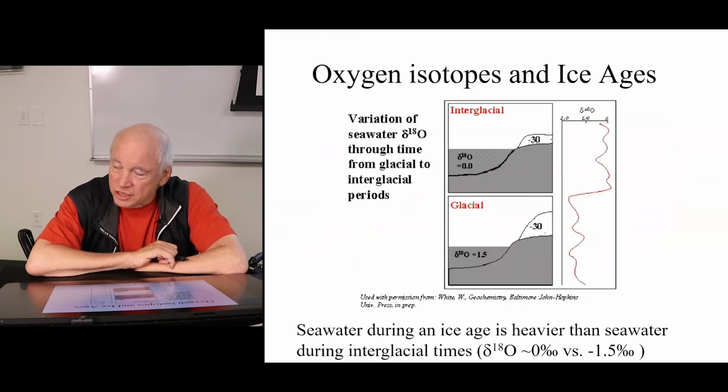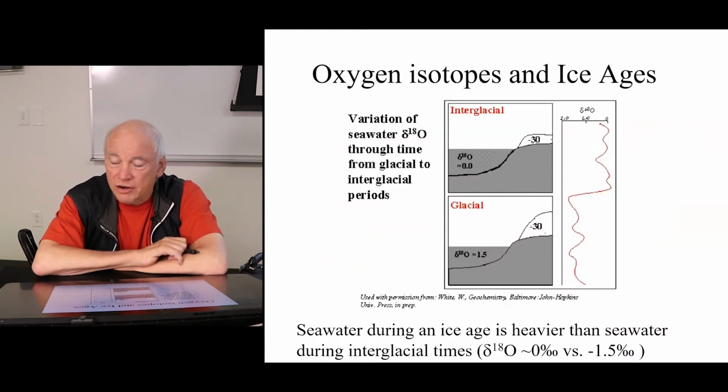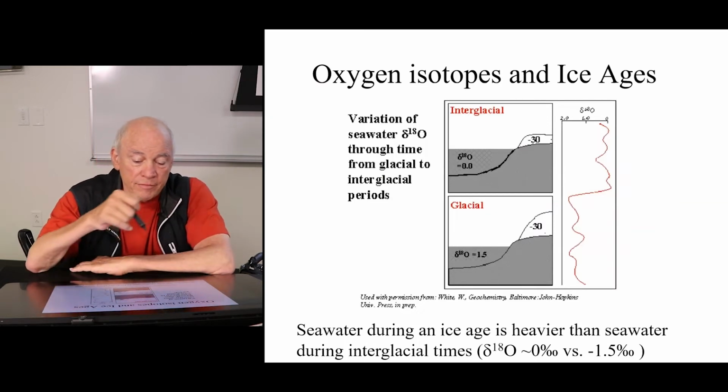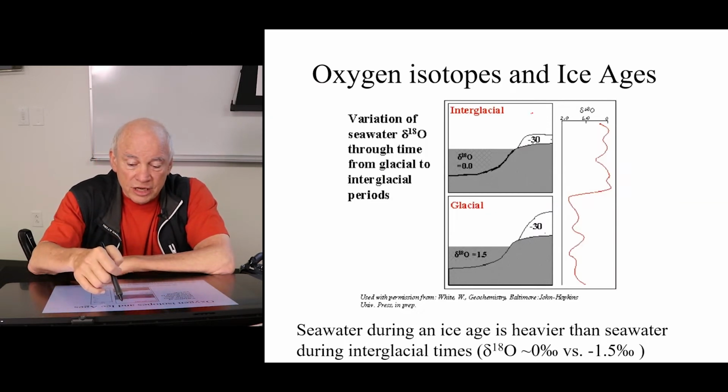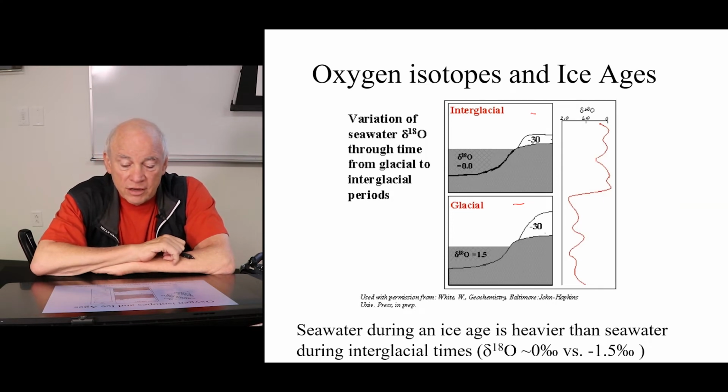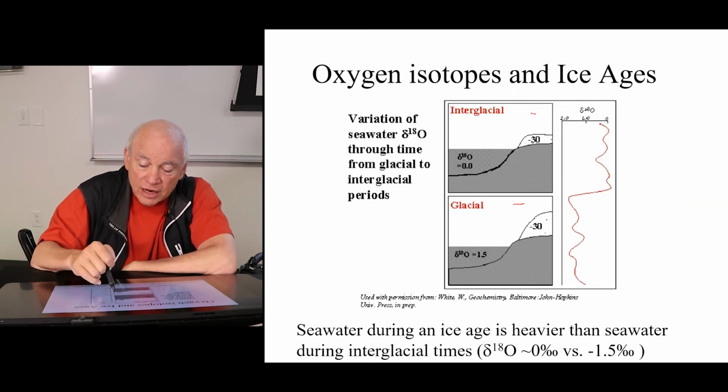So we can use this to interrogate ice cores and figure out when the climate changed. Here, for example, is interglacial, which is a time when the Earth was relatively warm, versus glacial episodes. When you have a glacial episode, you've got a lot of ice.